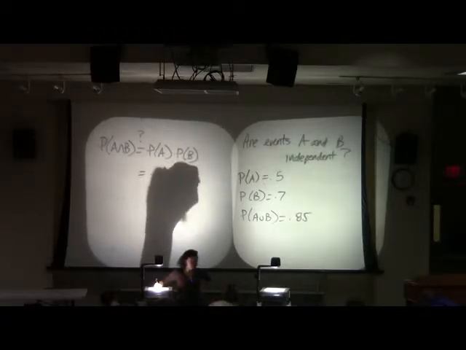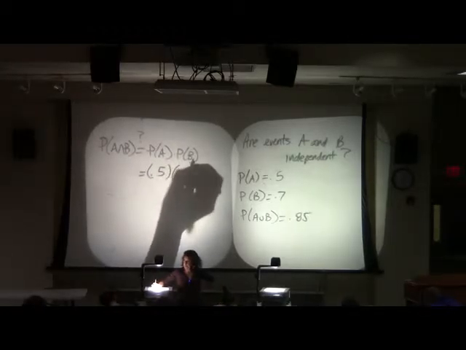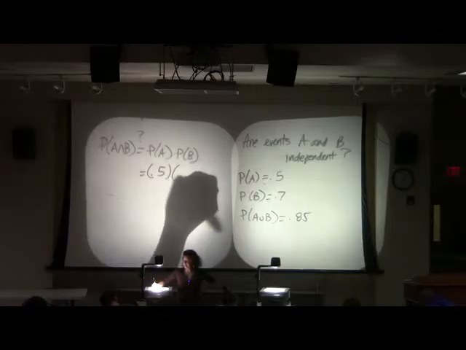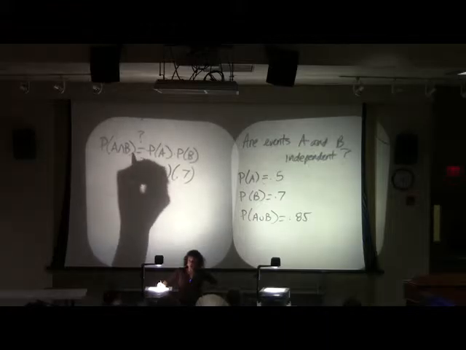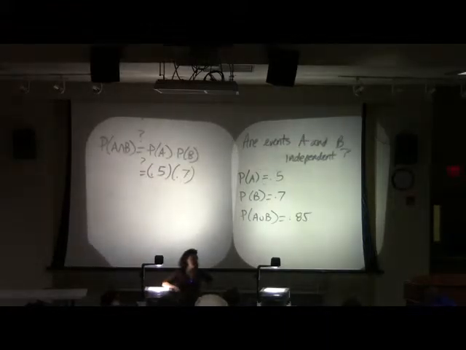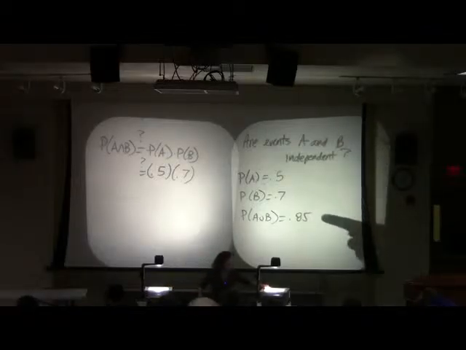We sure do. It's 0.5. Do we know what the probability of B is? It's 0.7. Do I know the probability of the intersection? No, we're not given that yet, are we? No.